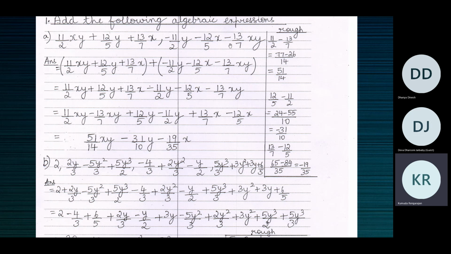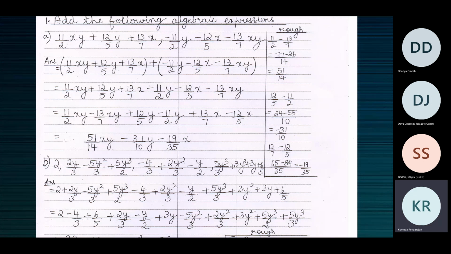And x and y are the literal factors, meaning letters. All the factors of minus 13 by 7xy are minus 13 by 7, x and y.